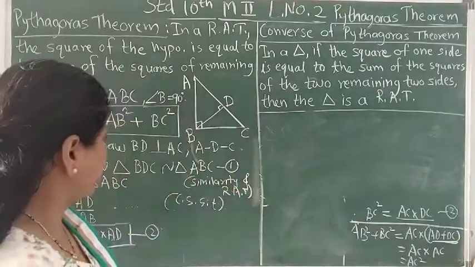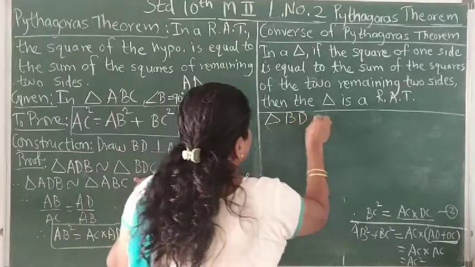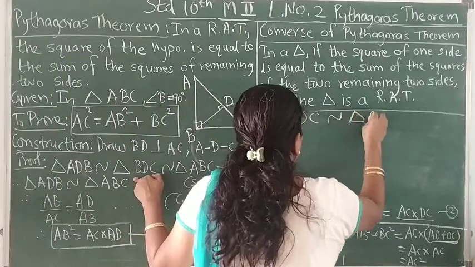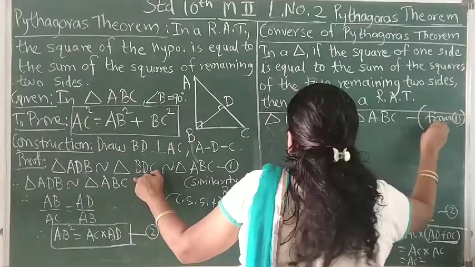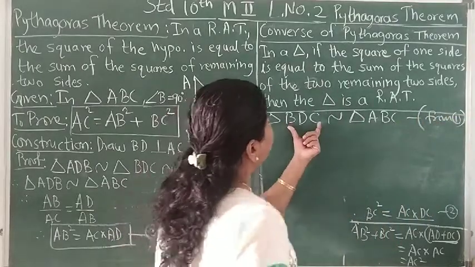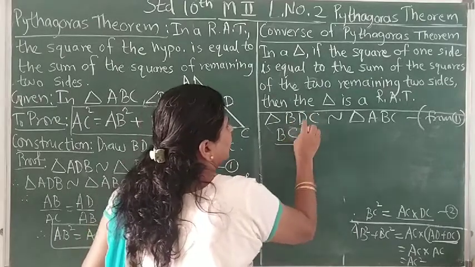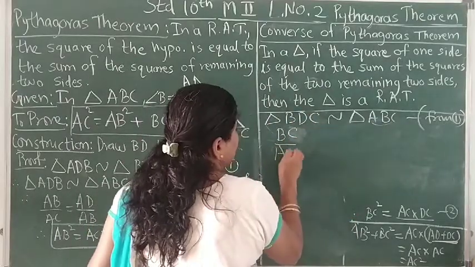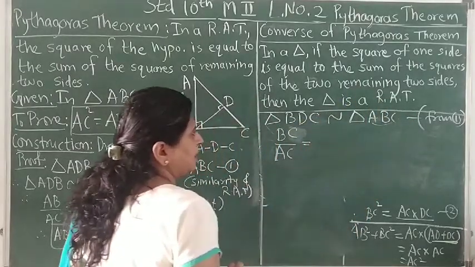Now here we are going to take another triangle. Triangle BDC is similar to triangle ABC from 1. And that's why now here we want BC. So BC upon AC. See how I am writing, you can see the first and third letters are corresponding.